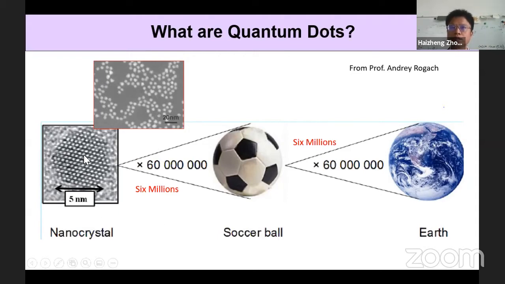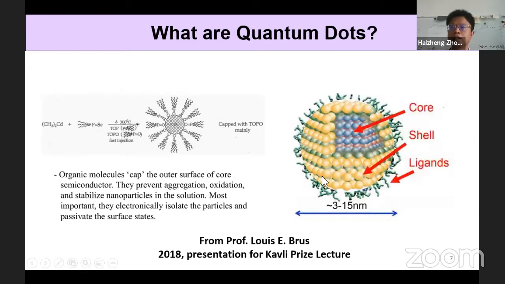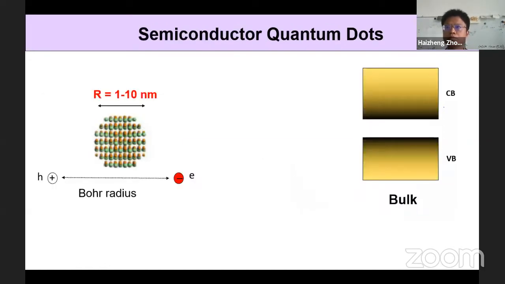Although they look like a small crystal, in detail, they are capped by organic ligands. It's a hybrid material. And if we look into more details, the inorganic cores are usually composed of core shells. So this is what quantum dots are.